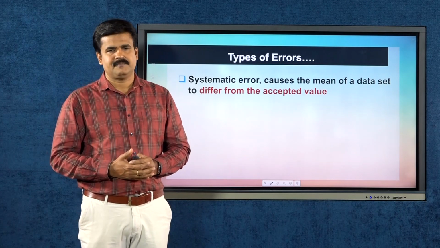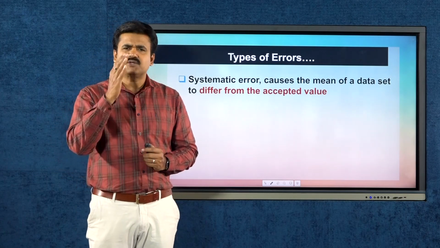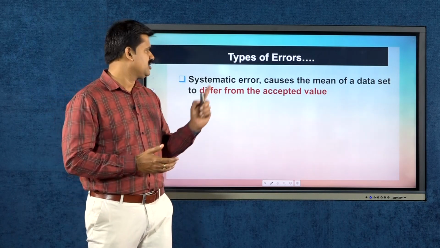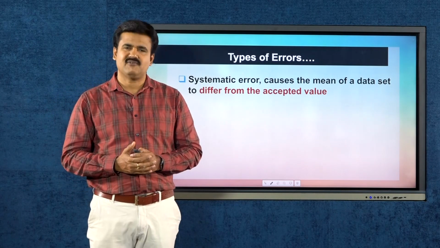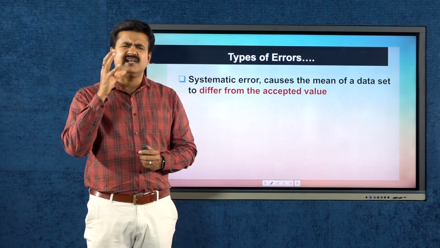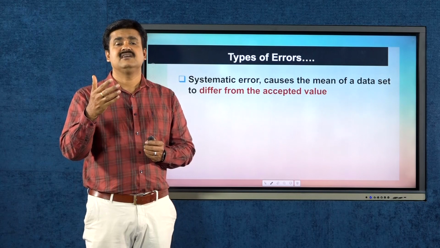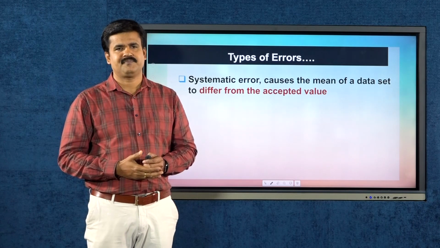Systematic error, as I mentioned, causes the mean of a data set to differ from the accepted value. Systematic error leads to a difference between the true value and the experimental value.